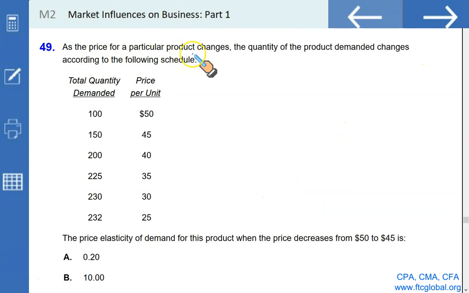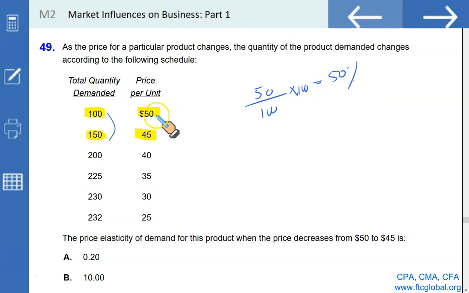As the price of a particular product changes, the quantity of the product demanded changes according to the following schedule. What is the price elasticity of demand for this product when the price decreases from 50 to 45? Let us first calculate the percentage change in quantity demanded. That is 50 upon 100 times 100, so clearly it's 50%.